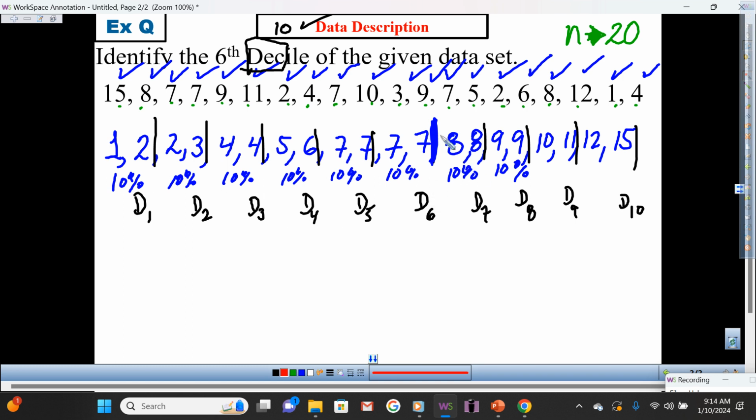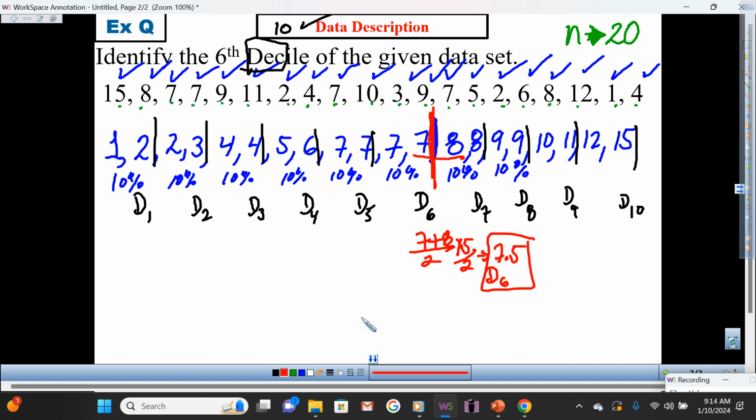Yeah, add 7 and 8 and divide by 2. So 7 plus 8 divided by 2, that's 15 divided by 2, and that is 7.5. This is D6.